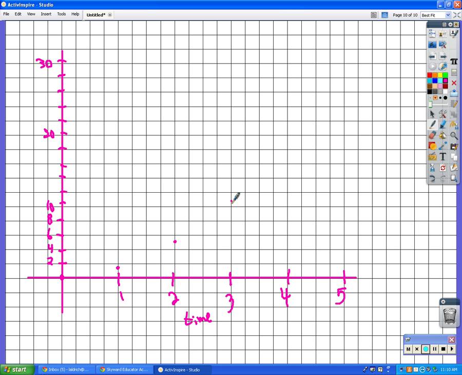I'll go by 2s, right? And after 4 seconds, it's 17.7. 10, 12, 14, 16, almost 18 right there. And after 5 seconds, 25.8. 2, 4, 6, 8, 10, 12, 13. All right, so once again, a nice smooth curve.